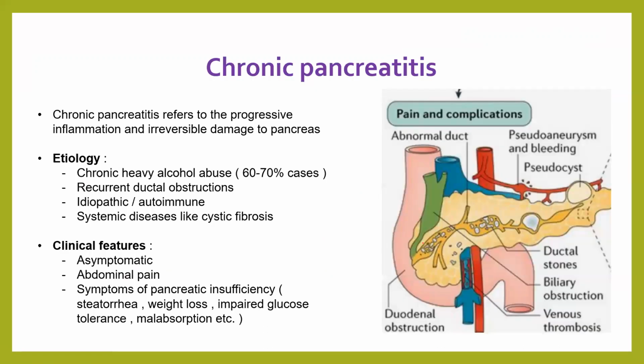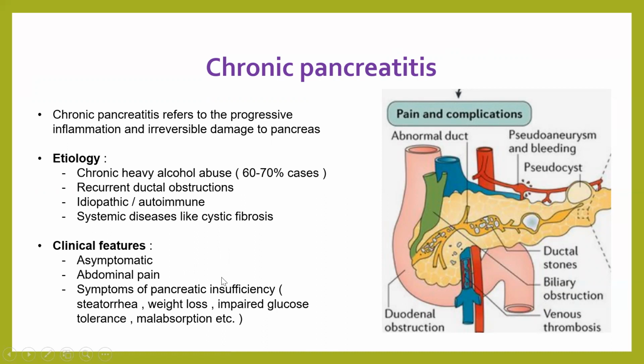And acute pancreatitis, if not handled well, can convert into chronic pancreatitis, or chronic pancreatitis can also happen on its own because of chronic heavy alcohol abuse, or it can be autoimmune, or because of systemic diseases like cystic fibrosis.